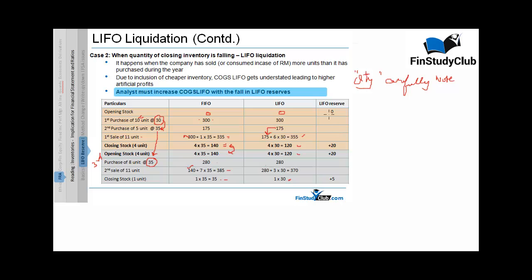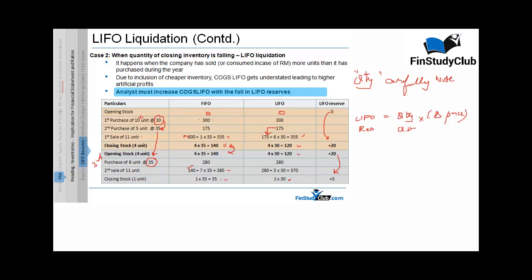Now if you look at it, the LIFO reserve balance has gone from 20 down to 5. Let me give you a formula for LIFO reserve, which is the quantity in the closing stock multiplied by the difference in the price.